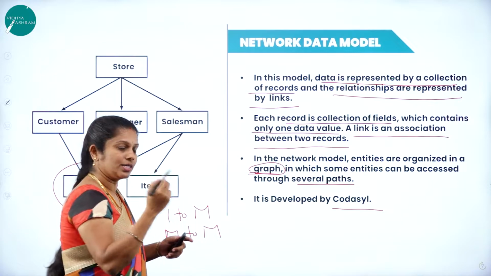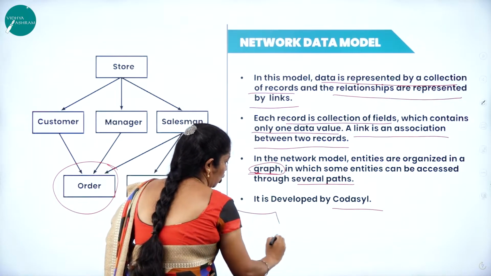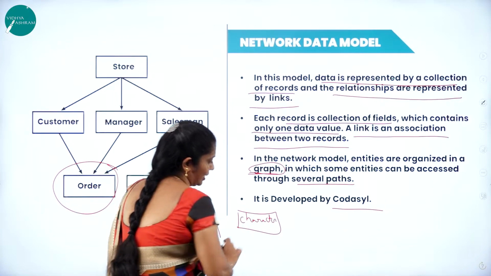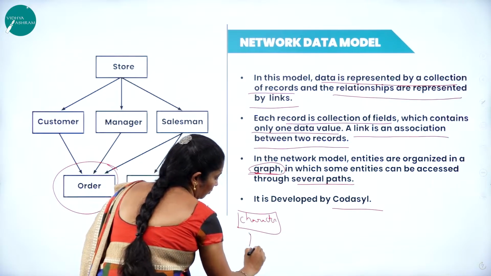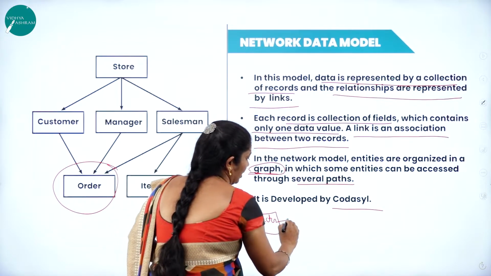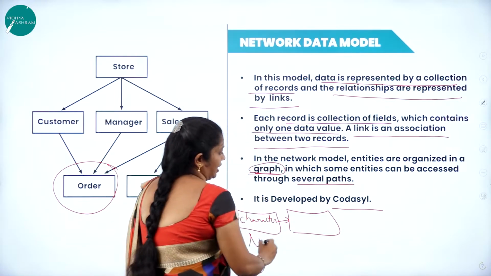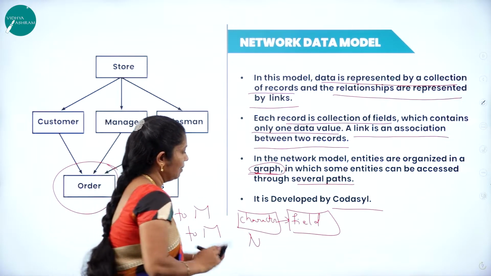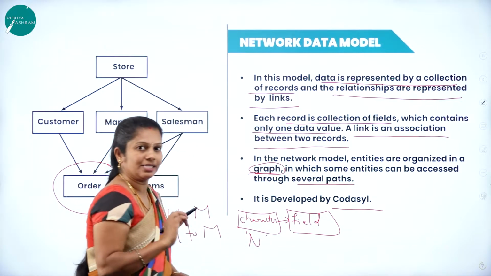Then what do you mean by records and fields? For example, if you have only one character, it can be called a character. A collection of characters can be called an attribute, or I can call it a field also. For example, N is opened as well as closed by single quotes for a character.